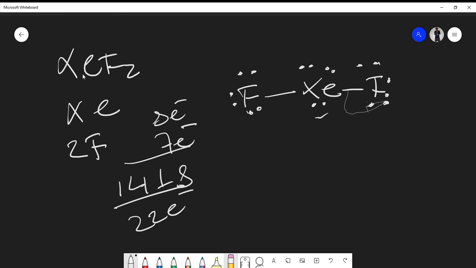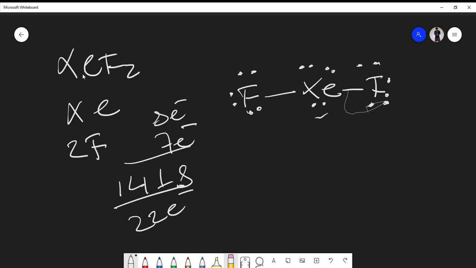So we have 10 electrons around xenon, and we have the fluorines to satisfy the octet rule. I apologize if I said earlier that xenon follows the octet rule, but xenon is one of the exceptions. But you could see here that we have 2, 4, 6, 8, 10, 12, 14, 16, 18, 20, 22.